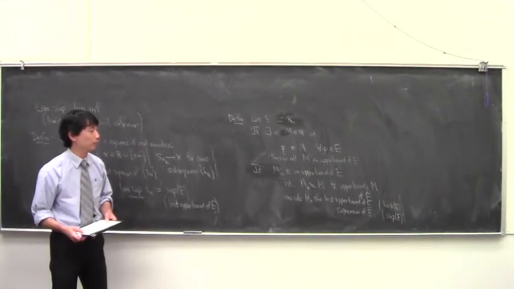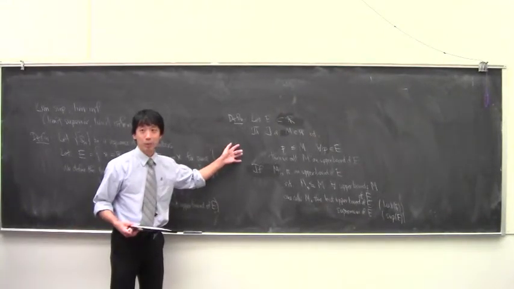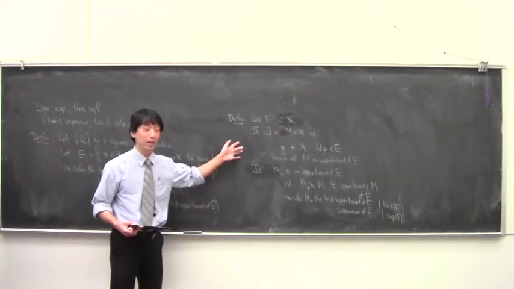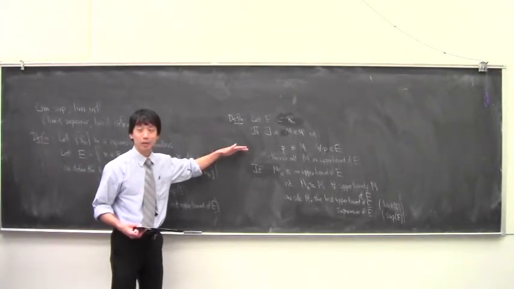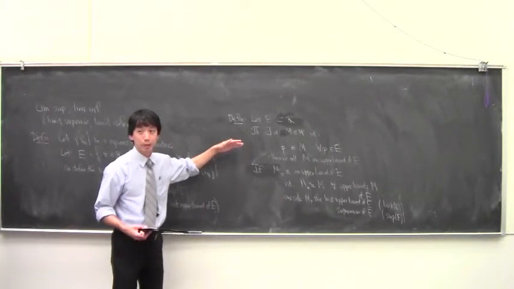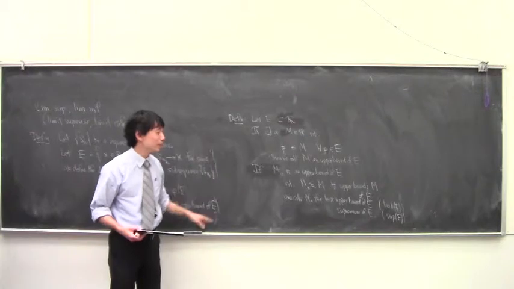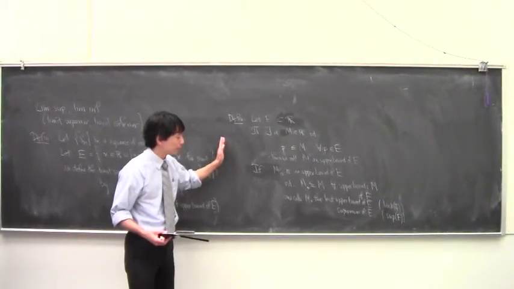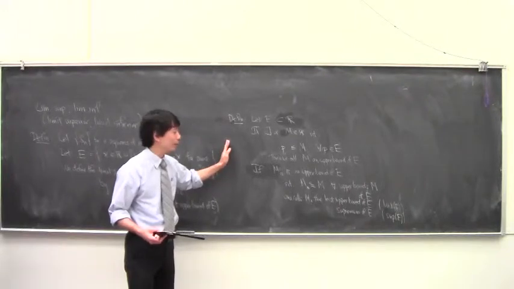Okay, and basically the defining characteristic of the real numbers is that whenever you have an upper bound, there exists a least upper bound. There exists a real least upper bound. So that's almost the defining property of the real numbers.